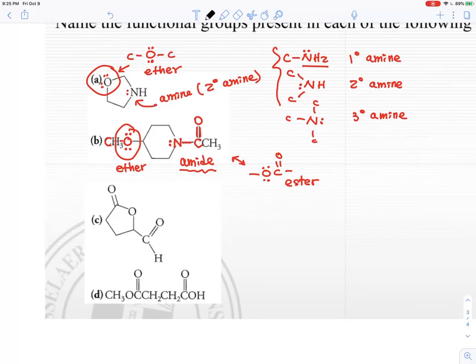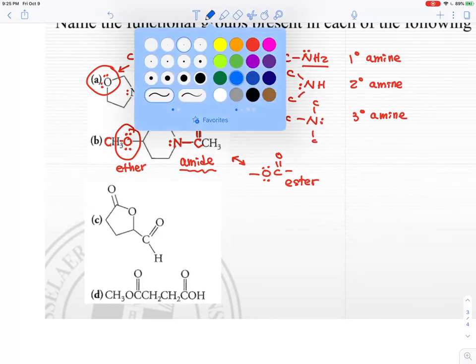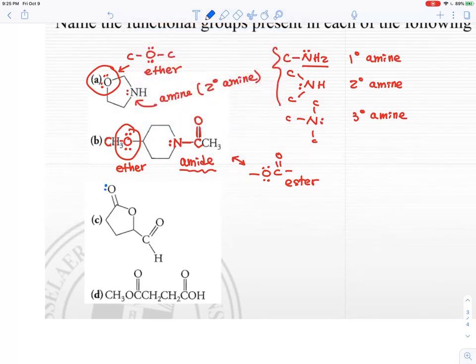Moving on to the next topic, we see another cyclic compound, but you just need to pay attention to the parts with lone pairs. This is a lone pair, so it is getting into functional groups, and I can circle that. That looks like an ester, right? And this one also has lone pairs, a source of another functional group.